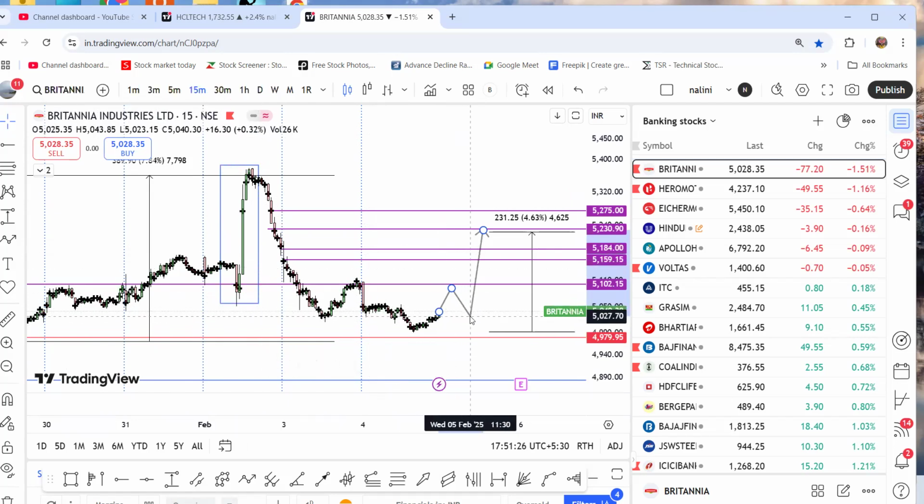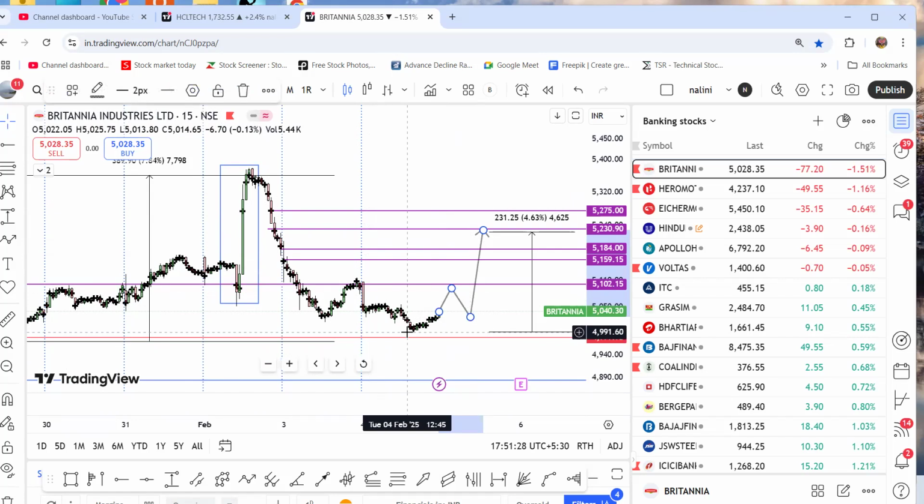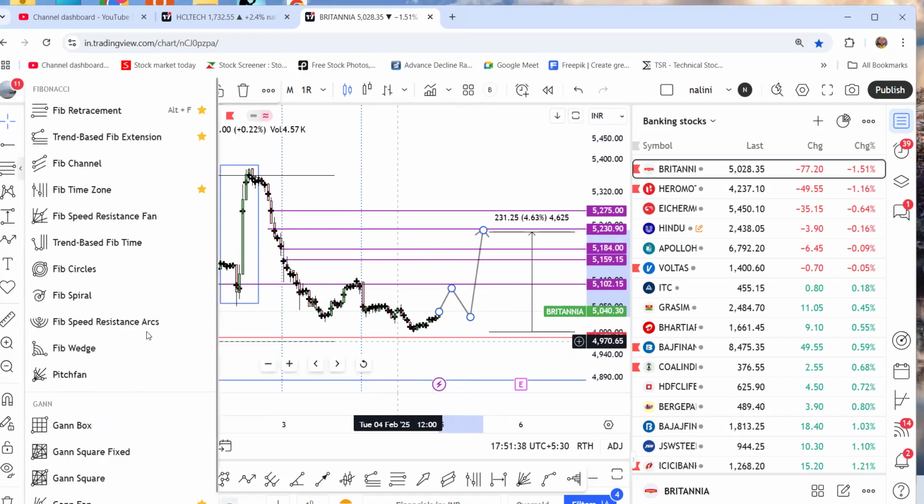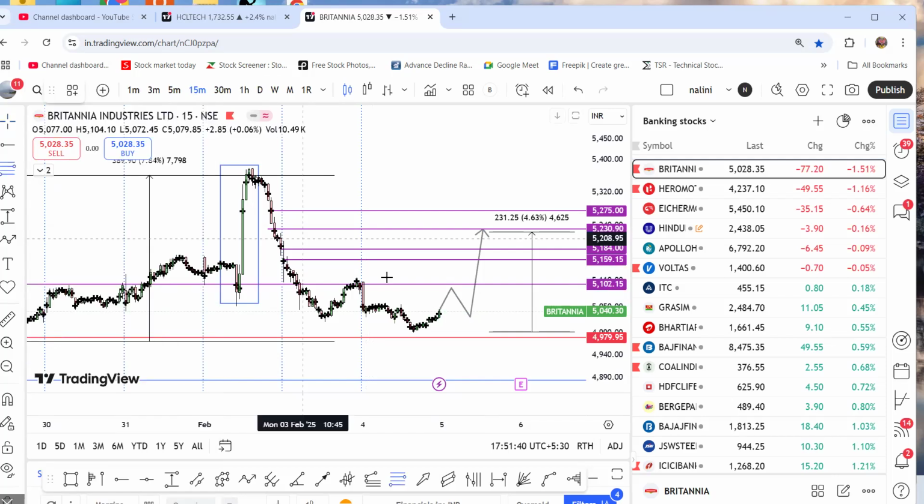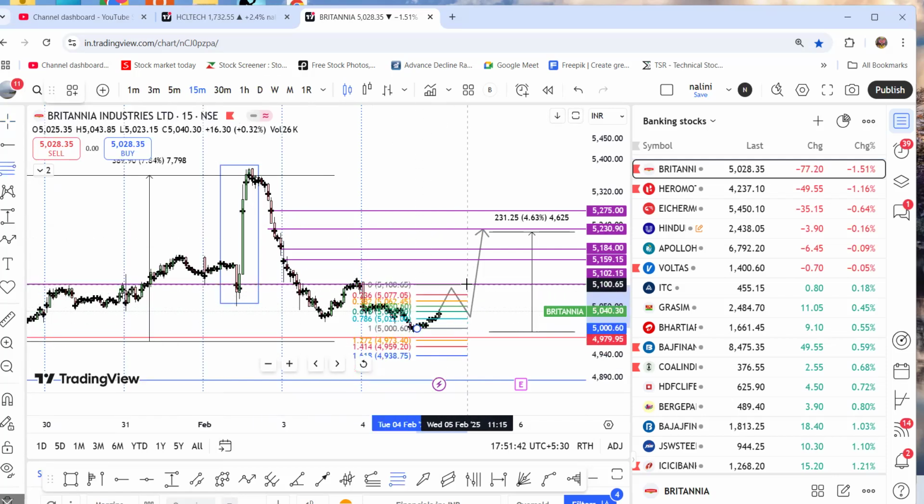And after interacting with the 50-period moving average, suppose it makes a higher low here, this is the level 4,990. If I apply the FIB tool here, from here to here, the 50% or 0.7% comes to 5,026. Let it stop anyway, but it should be within this level.